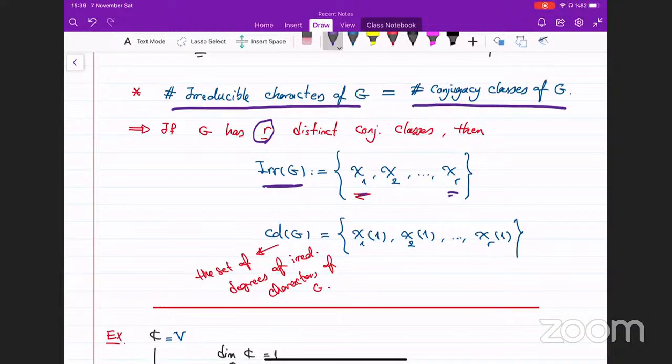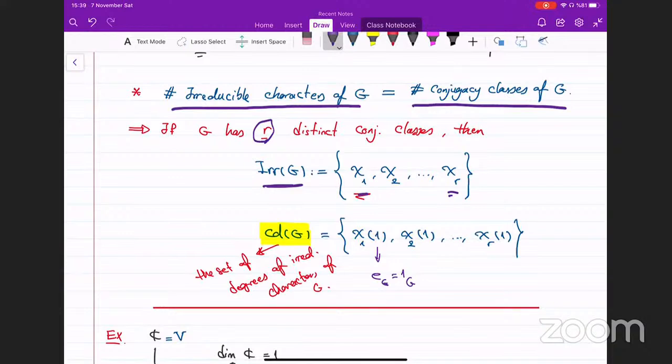What do I mean by degrees of irreducible characters? I denote the set of degrees by cd(G). It is exactly the values of these chi-i's at the point 1, where 1 is the identity of the group, or 1_G.